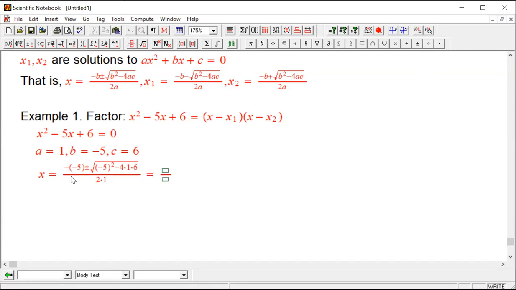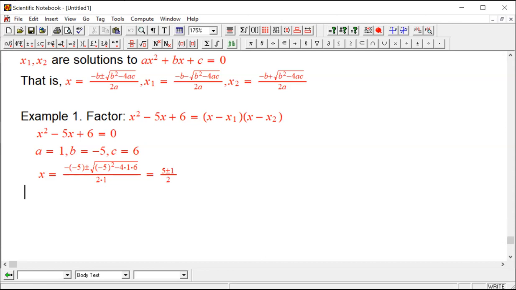So we simplify this expression. We get negative of -5 is +5, plus or minus, under the square root is 25 minus 24. 25 minus 24 is 1. The square root of 1 is 1, divided by 2.